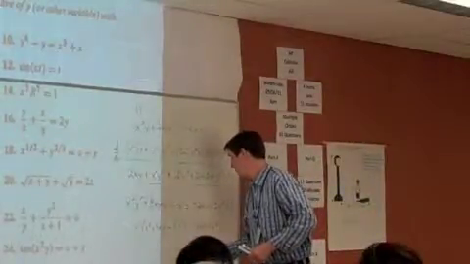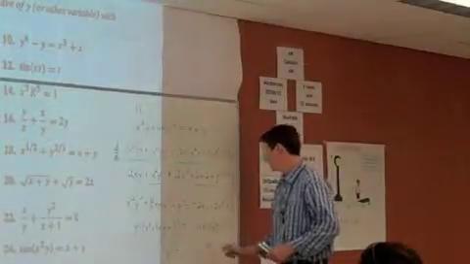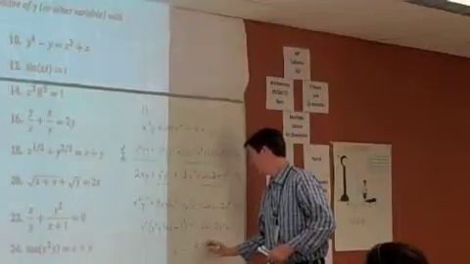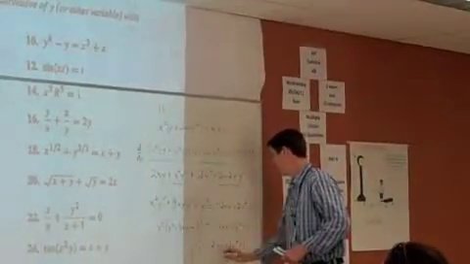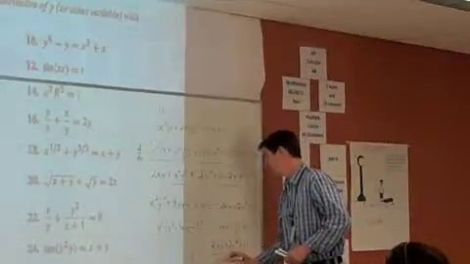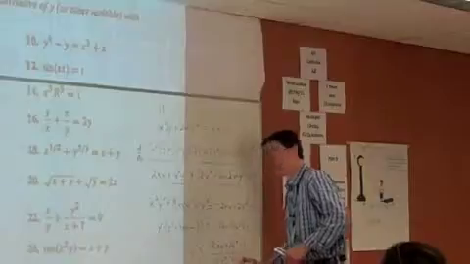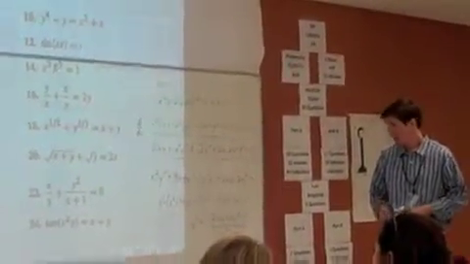So y prime equals negative. Y prime equals 2xy plus 2y squared minus 1 all over 1 minus x squared minus 4xy. Right? Is that what you got?